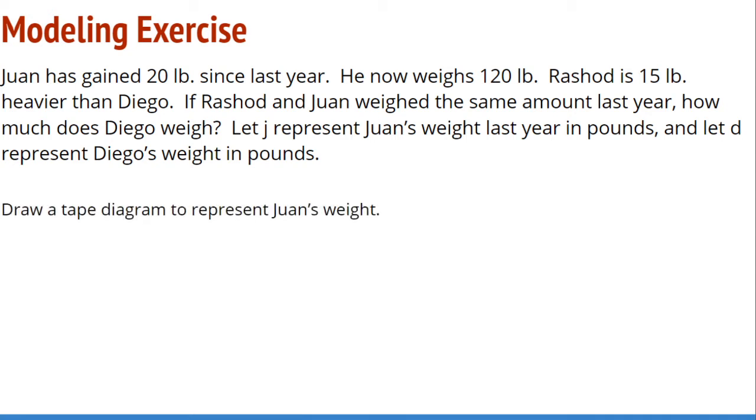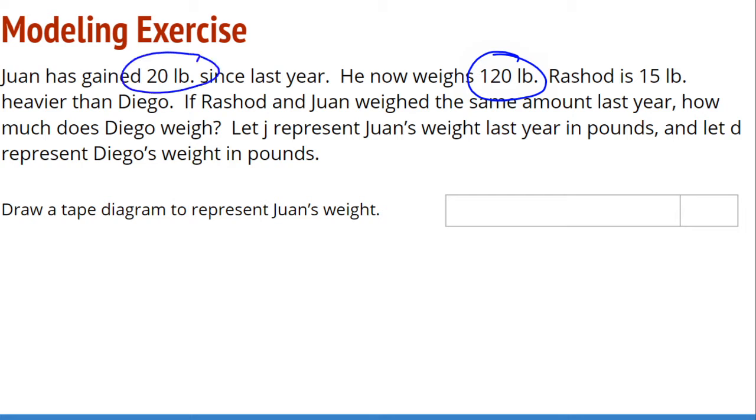So the first thing we're going to do is say, what tape diagram can we draw to represent Juan's weight? And I have drawn a tape diagram that has two parts on it. The reason for that is that it says I have Juan's weight this year, but I also know that there has been a 20-pound change since last year.